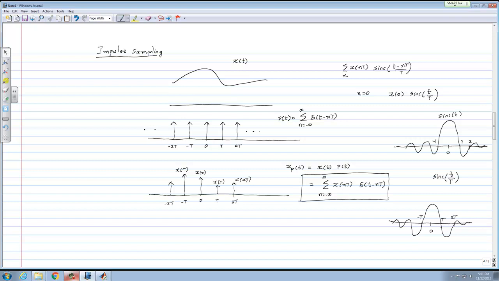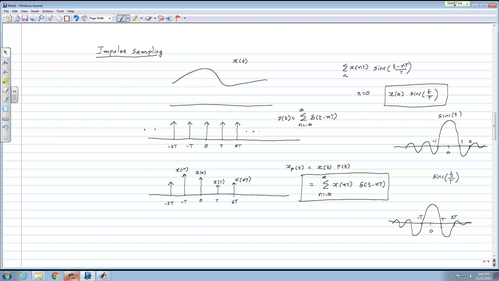Okay. Now let's go back and think about this term, x of 0 times sinc t over T. So the function sinc t over T takes the value 1 when t is 0 and it crosses 0 for every integer multiple of T, right? So what that means is this.